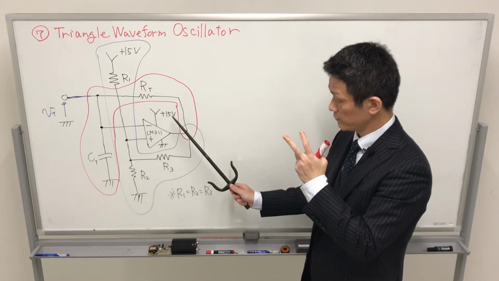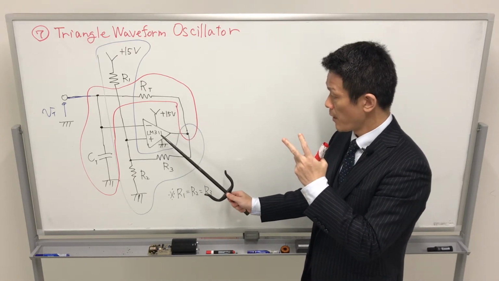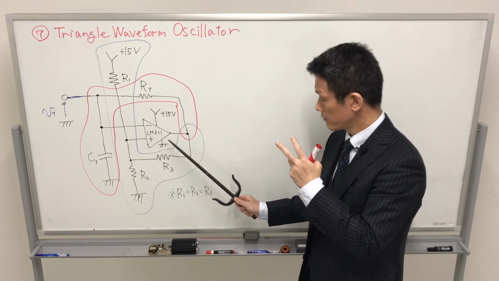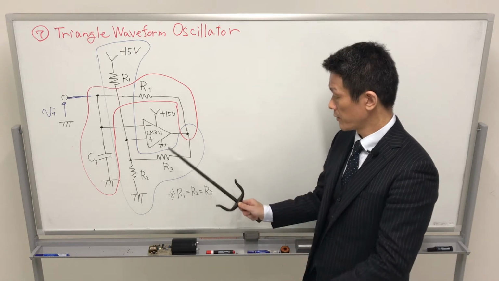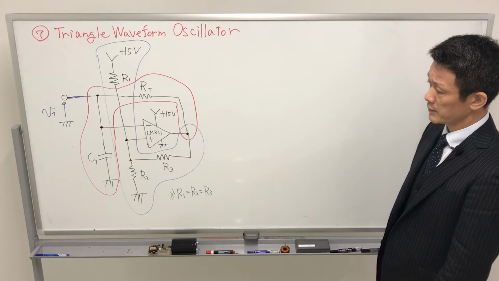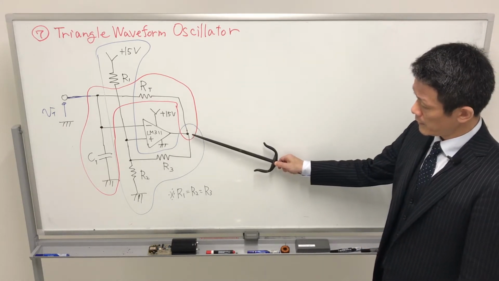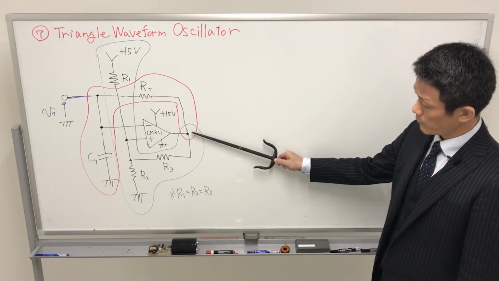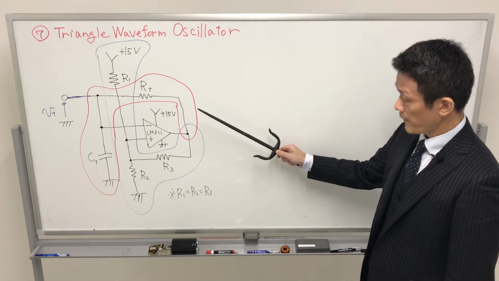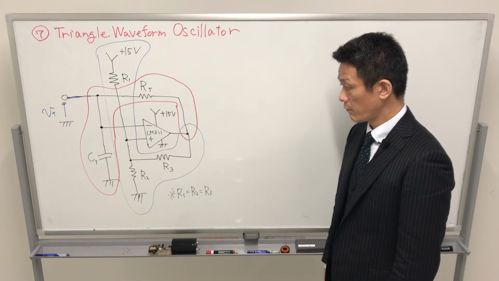One is the positive side of the input of the comparator, and the other is 0 of the terminal of this LM311. At this point, we can obtain only two voltages, 15 or 0. Okay.